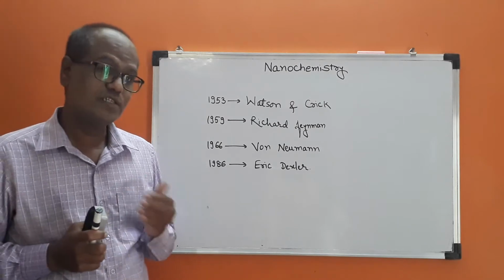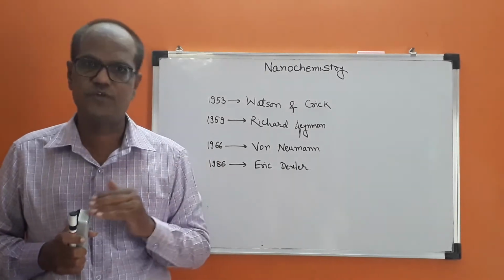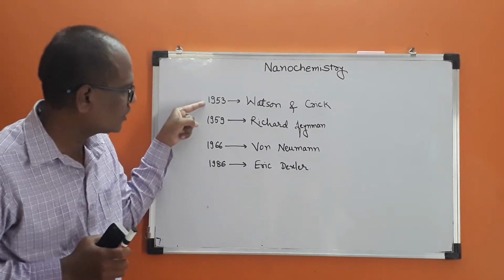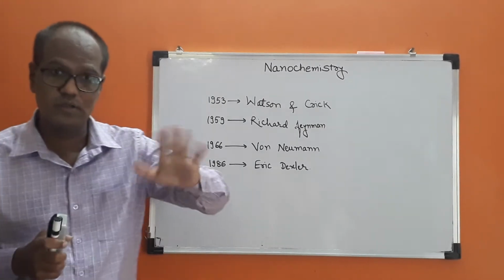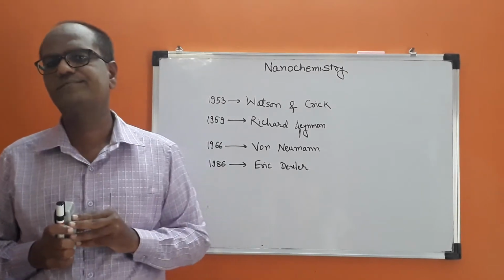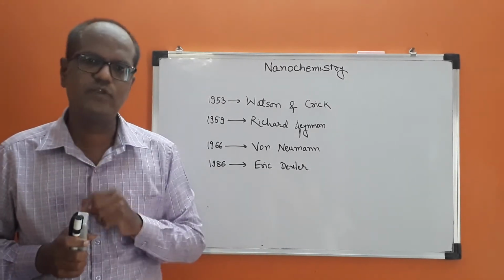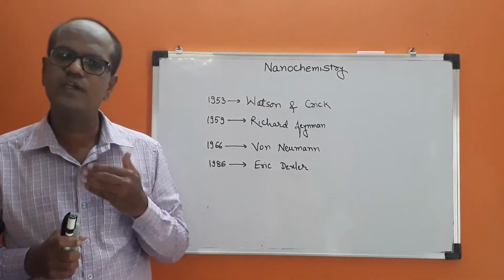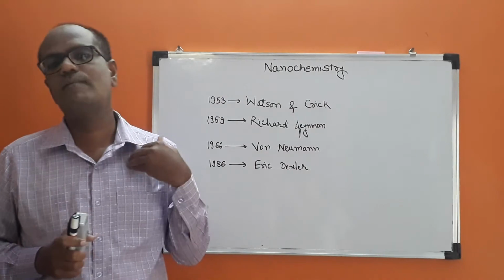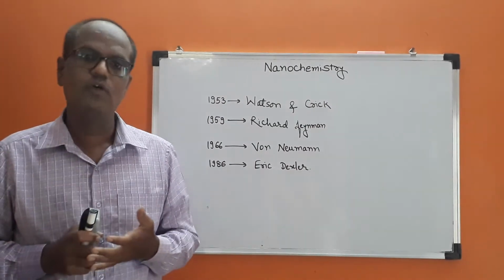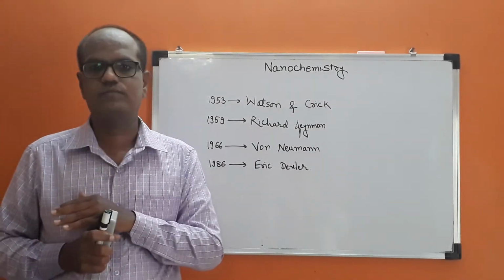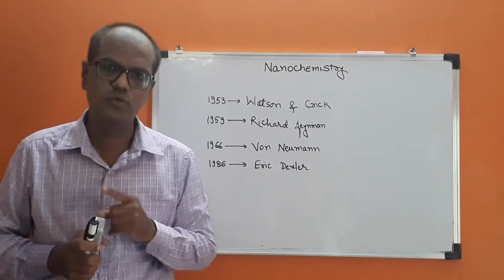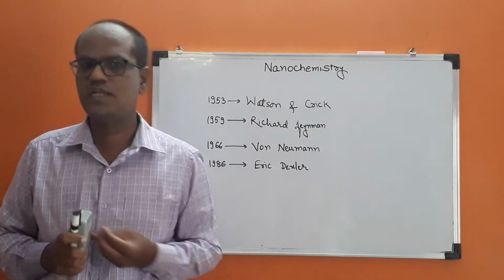Now, while studying the history of nanochemistry, you might be thinking that nanotechnology or nanochemistry started from 1953 or in that area. But the actual fact of the matter is that the history of nanochemistry is very, very ancient. Since the last 600 years, we have been using nanochemistry. But by that time, human beings did not know that this is known as nanochemistry.